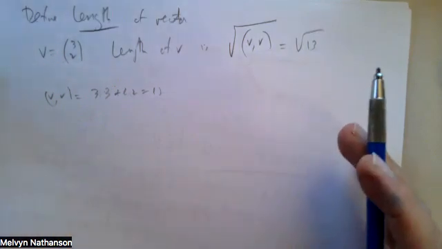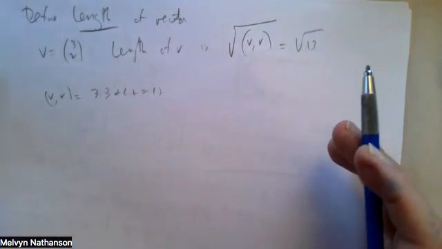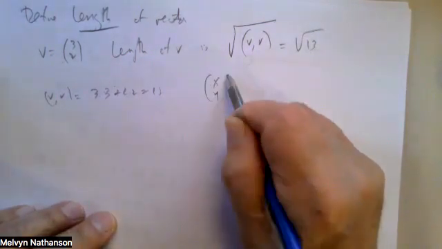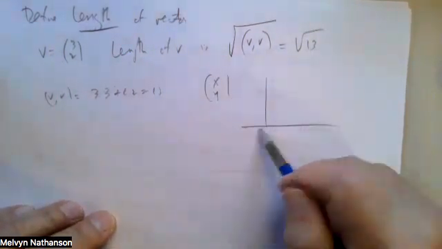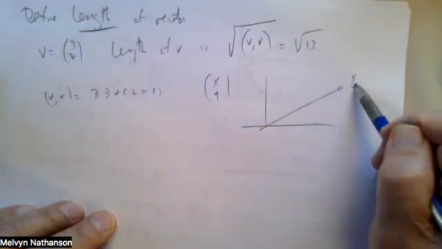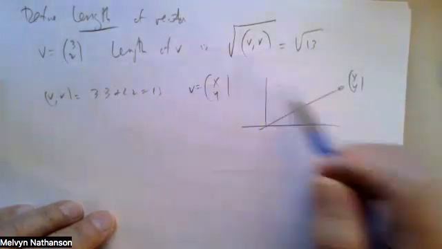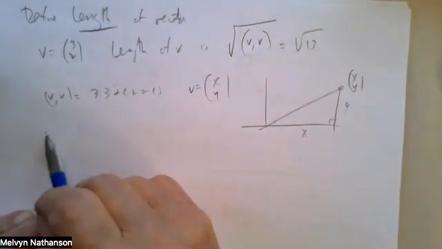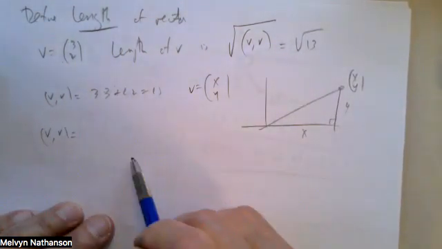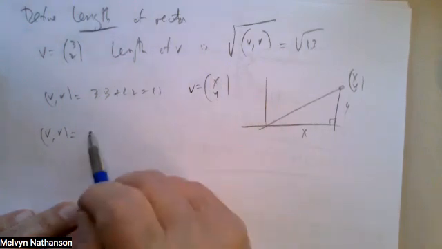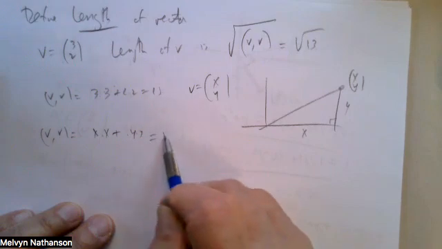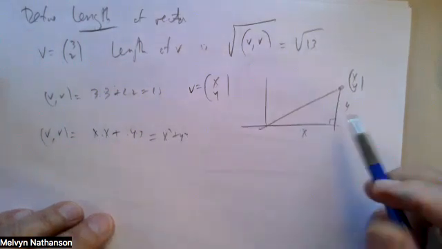By the way, why is this natural? Suppose you have the vector x, y in the plane. So here's the vector x, y. That's v. This is x, this is y. What is the inner product of v with itself? You take x times x plus y times y. That's x squared plus y squared.